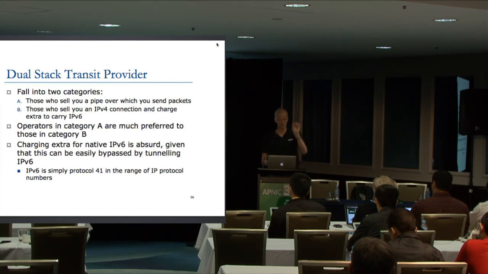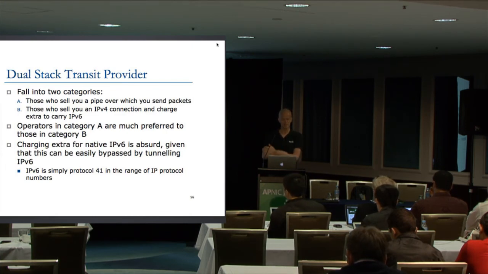They just have a different version number in the header. So much prefer the operators in category A rather than the B one. I think charging extra for native v6 is just nonsense. But some people are still trying to do it. Oh, well, we had big investment in our network to support v6. Yeah, but it's benefiting you in the longer term, so it's actually future-proofing your network.